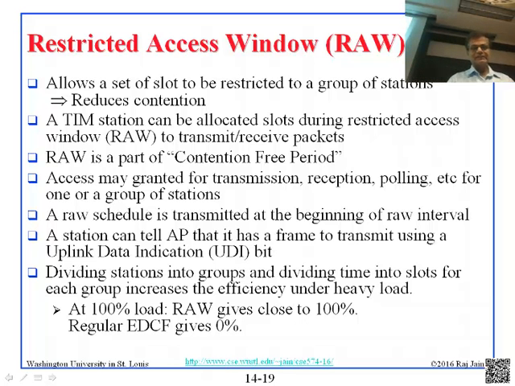So that's what it is: dividing stations into groups and dividing the time into slots, and then each group has a smaller number of slots, gives efficiency close to 100% at 100% load. Okay? And regular EDCA will give you 0% at that load. Nobody will succeed.